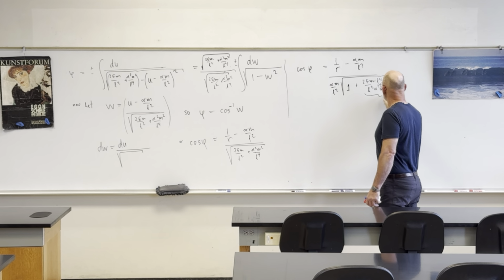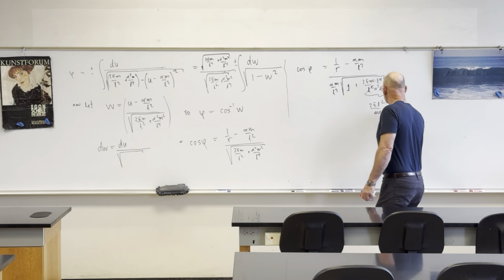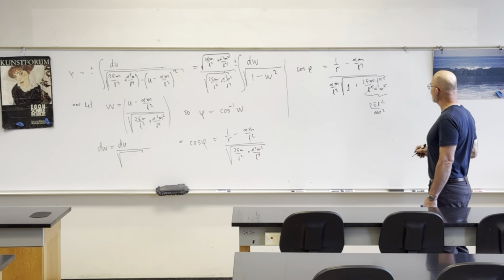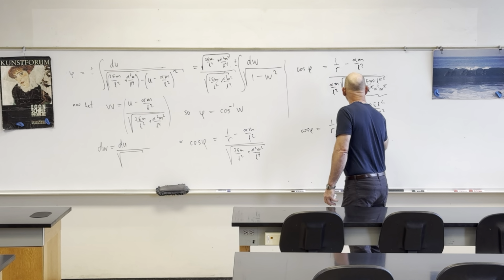So there we have 1 m L squared, 2 L squared over m alpha squared. So 2 L squared over m alpha squared. Yeah. So once more. Cos b equals over r.